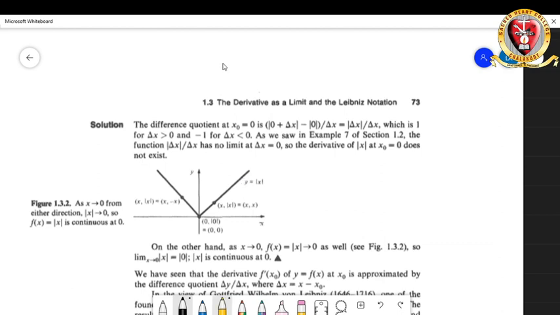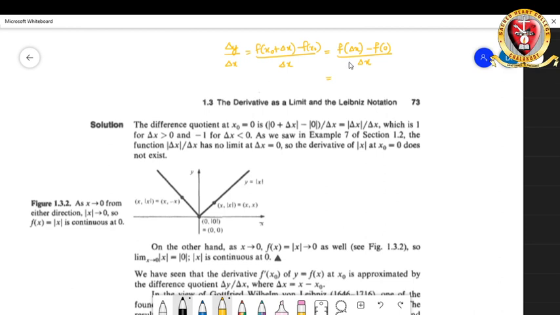That is delta y by delta x, which is equal to f of x naught plus delta x minus f of x naught, divided by delta x, where it is taken at x naught is equal to 0. So that is equal to f of 0 plus delta x, that means delta x, minus f of 0, divided by 0 plus delta x, that will be delta x.